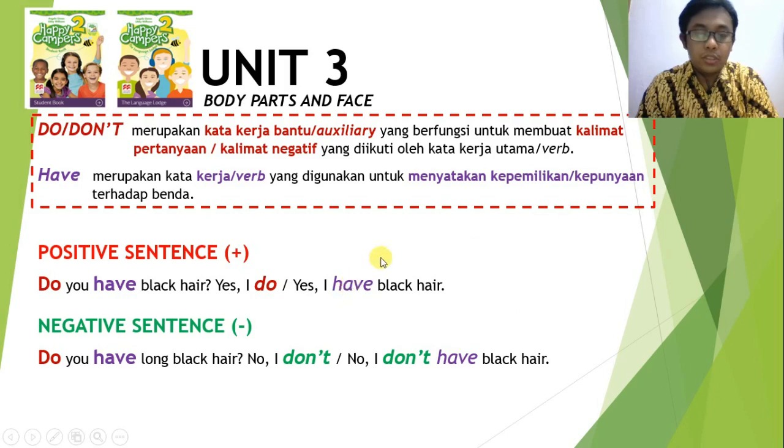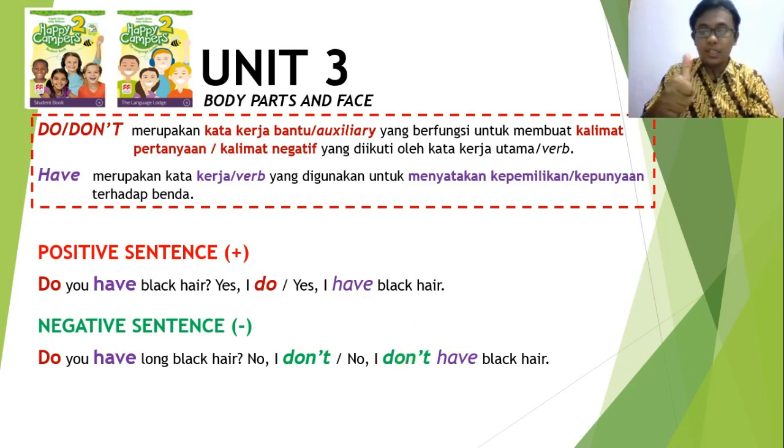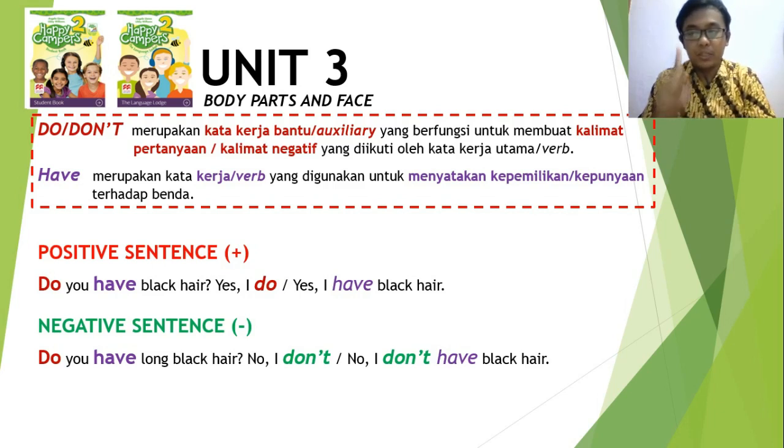Okay, so this is the difference between do untuk positive sentence, di sini sebagai kata pertanyaan auxiliary-nya, dan do untuk negative sentence fungsinya untuk membuat menjadi negatif, atau kalimatnya di sini kan menyatakan tidak atau bukan. Oke ya, understand ya? Good. Nanti kalau paham atau tidak kita buktikan ketika mengerjakan quiz review.